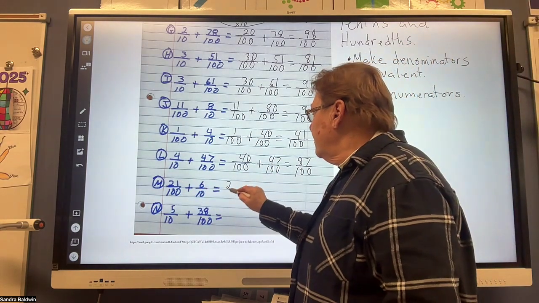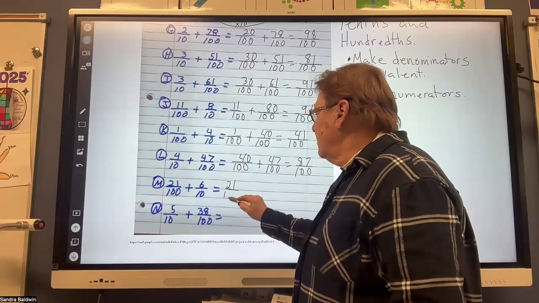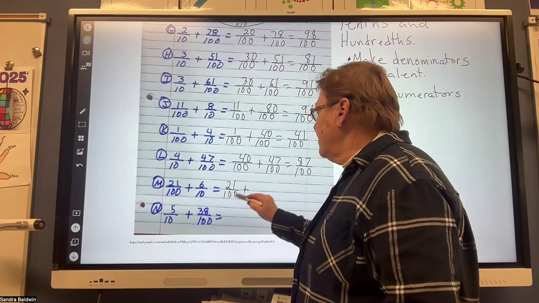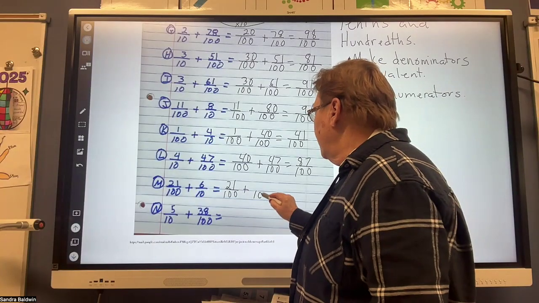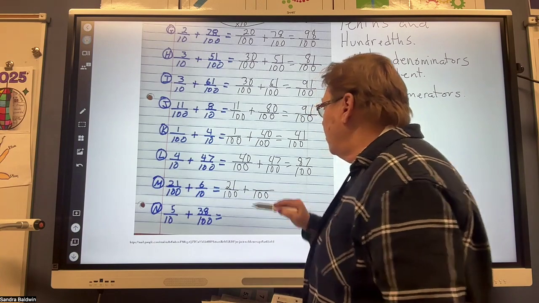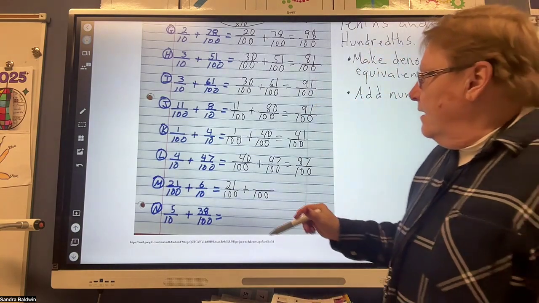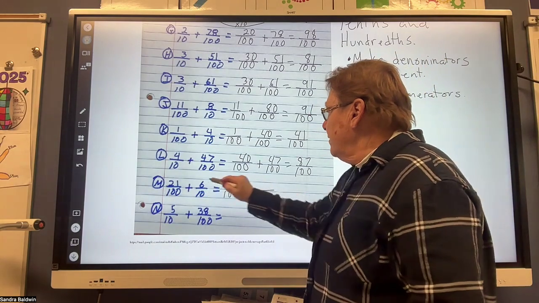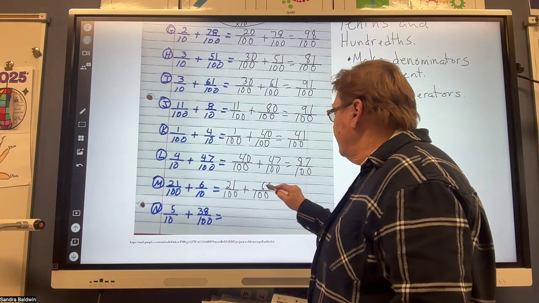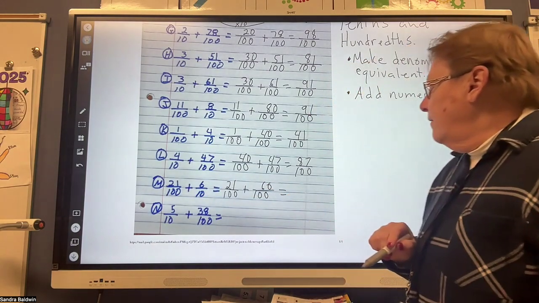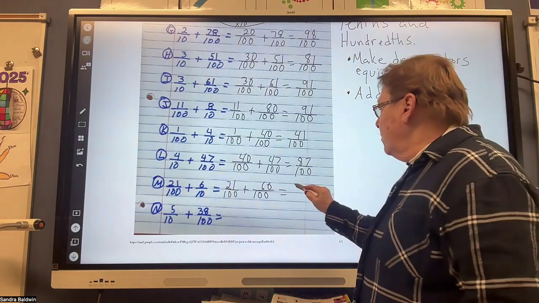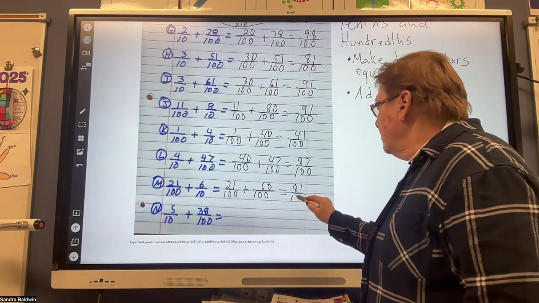21 hundredths plus 6 tenths. I need to make that denominator 100. I'm going to do that by multiplying by 10. 10 times 10 equals 100. 6 times 10 equals 60. And that will give me 81 hundredths.